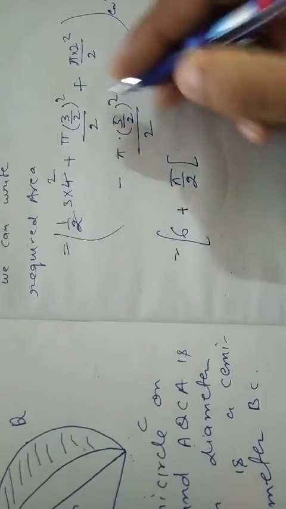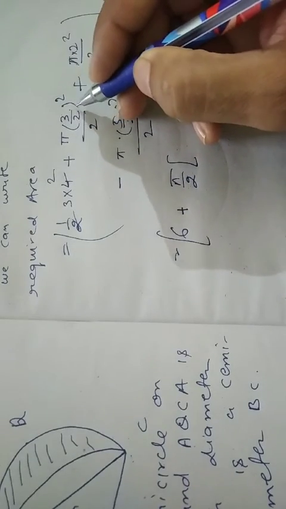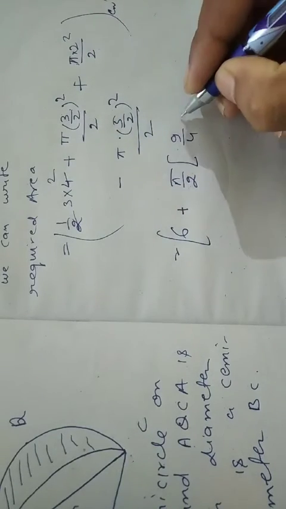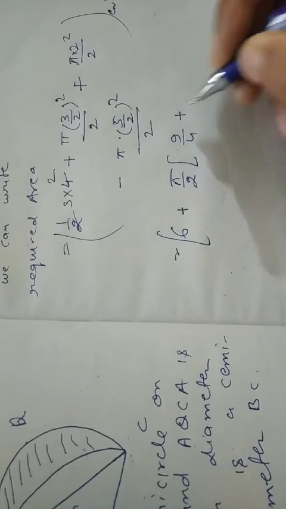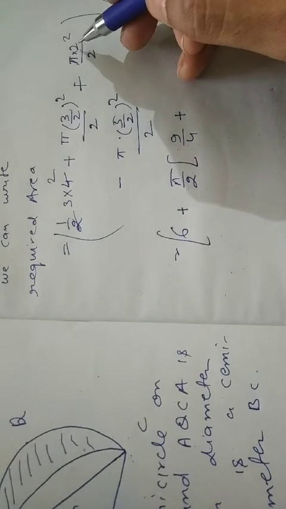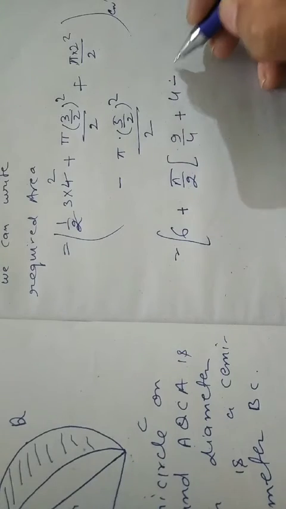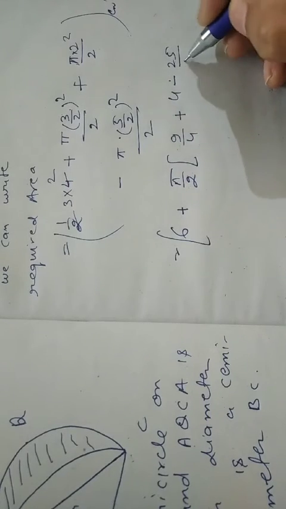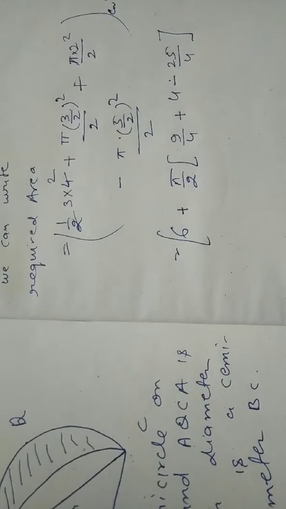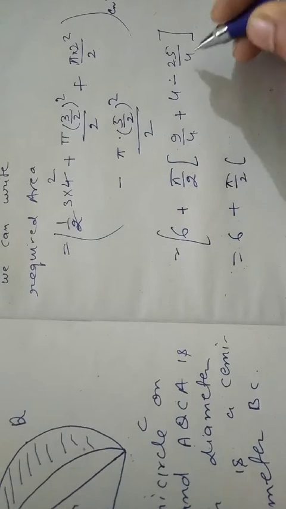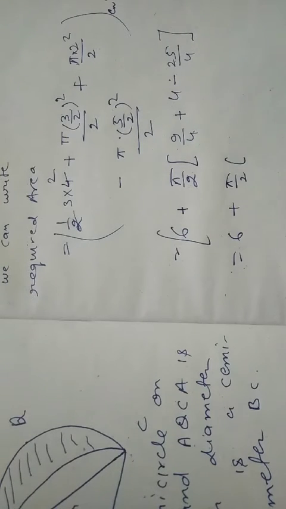Pi by 2 in bracket 3 square by 2 square, 9 by 4, plus 2 square 4, minus 5 by 2 square 25 by 4. We find here 6 plus pi by 2 in bracket 20.